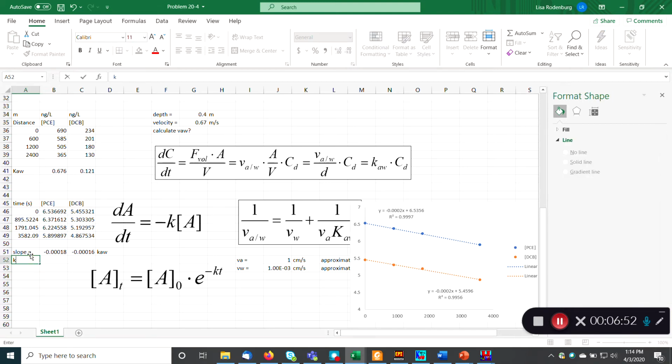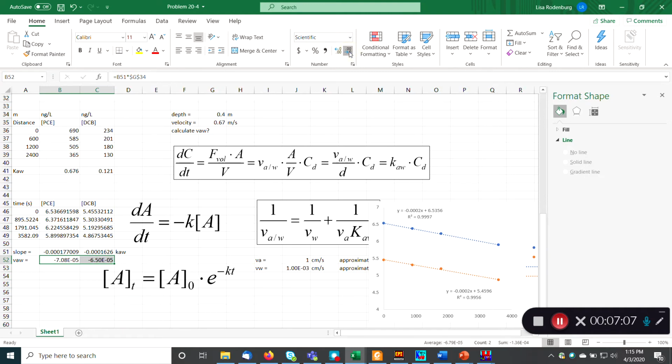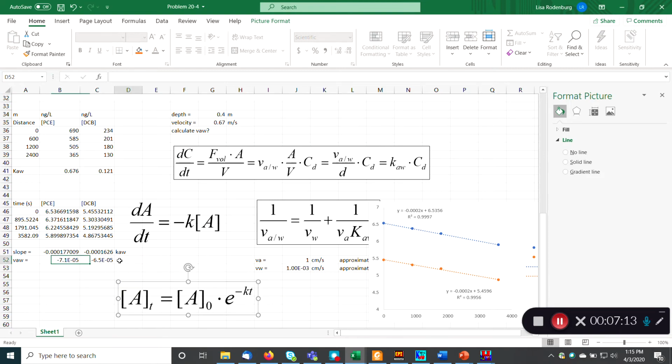So our v_AW is now equal to this times the depth, which is 0.4 meters. Sign's not very important here. So about 7 times 10 to the minus 5, and our units here were in seconds, and our depth was in meters. This is meters per second.